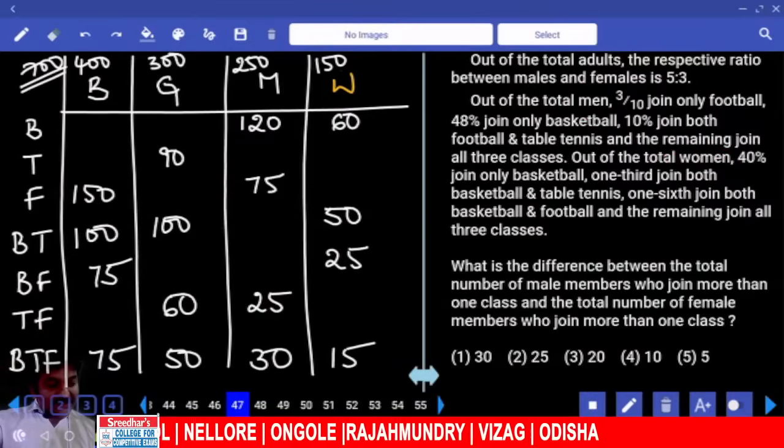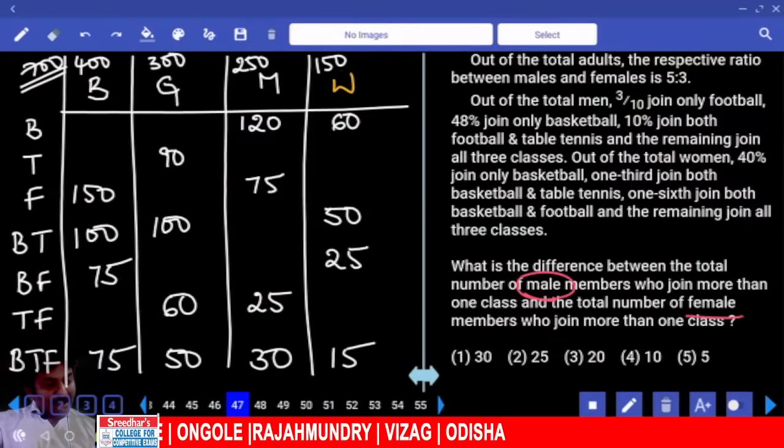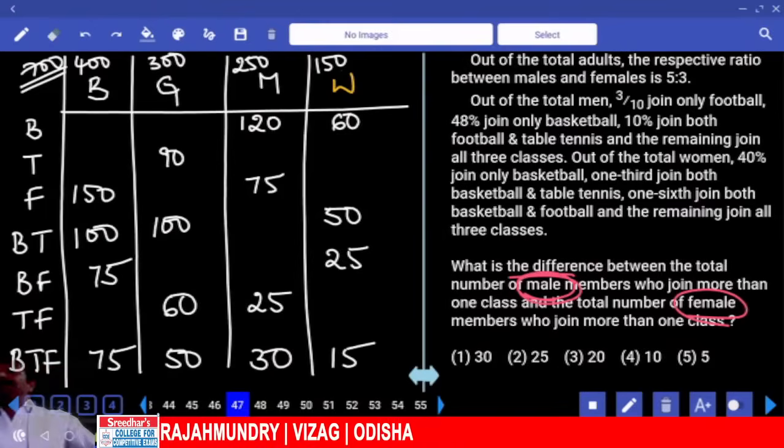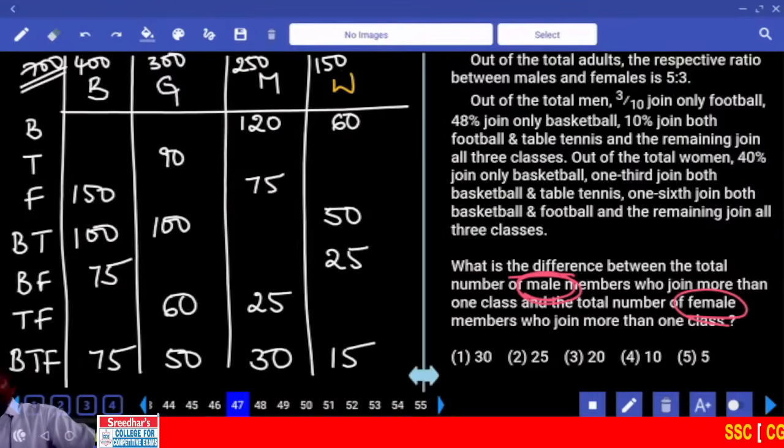But now in our question they are talking about male and female. Male meaning both boys and men. Female, girls and women. Both you should consider, correct?